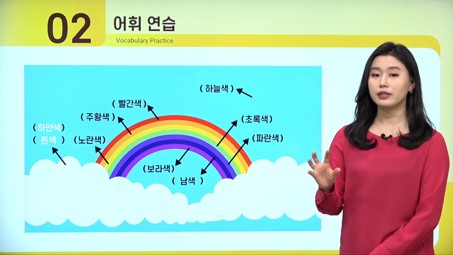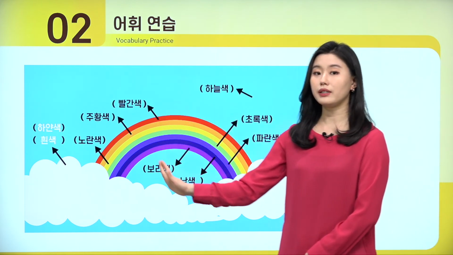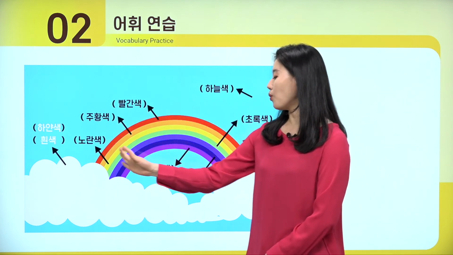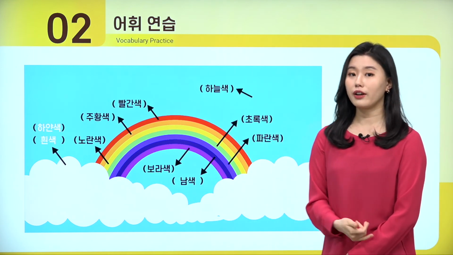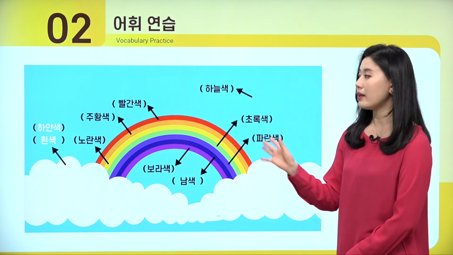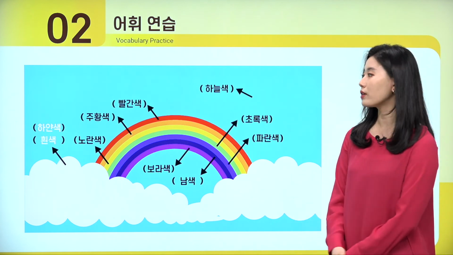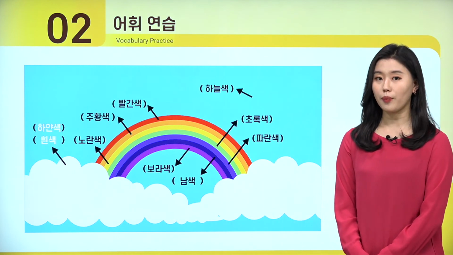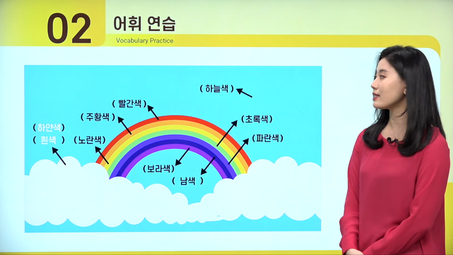We can just take the first letter and say it faster: 빨주노초파남보. When we are younger, we learn like this, instead of saying 빨간색, 주황색 all the time, which becomes very long. Maybe it will also be helpful for your Korean study.